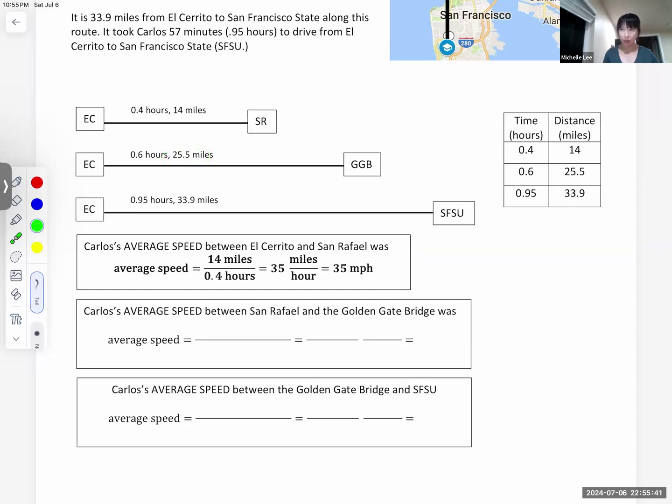Now we have El Cerrito, which is 14 miles from El Cerrito to San Rafael. So you guys okay?